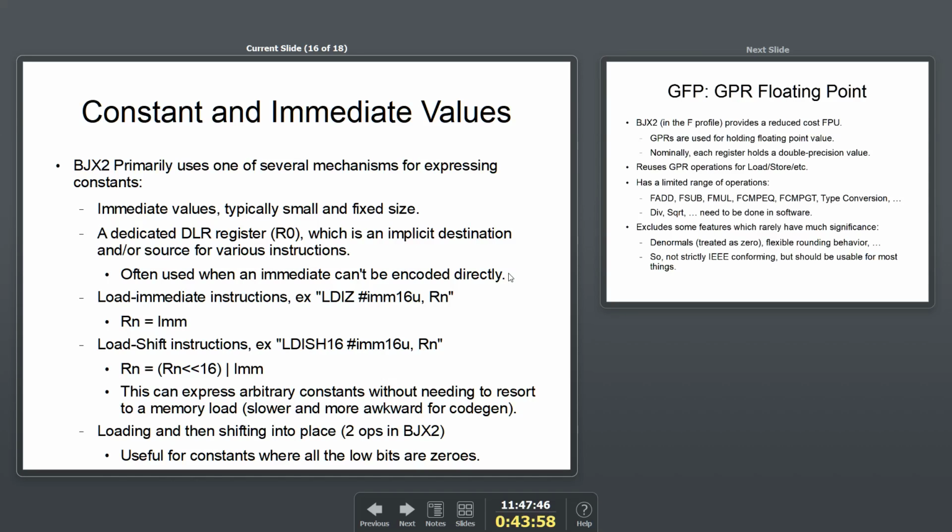Since this is not actually the case, if it doesn't fit, it loads the value into DLR instead, and uses a register as the immediate.